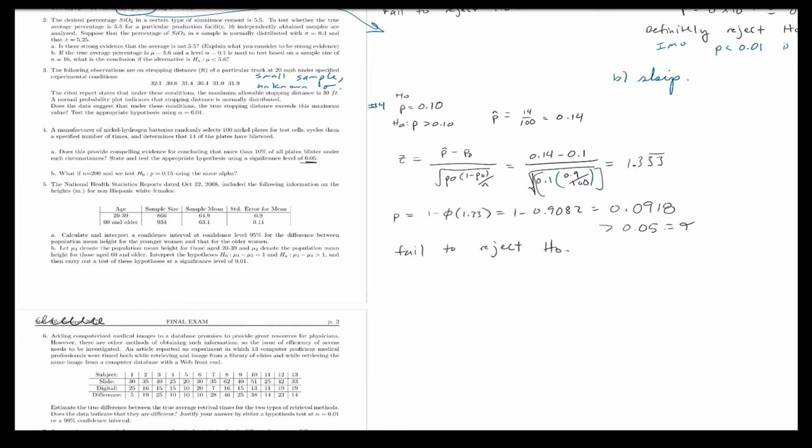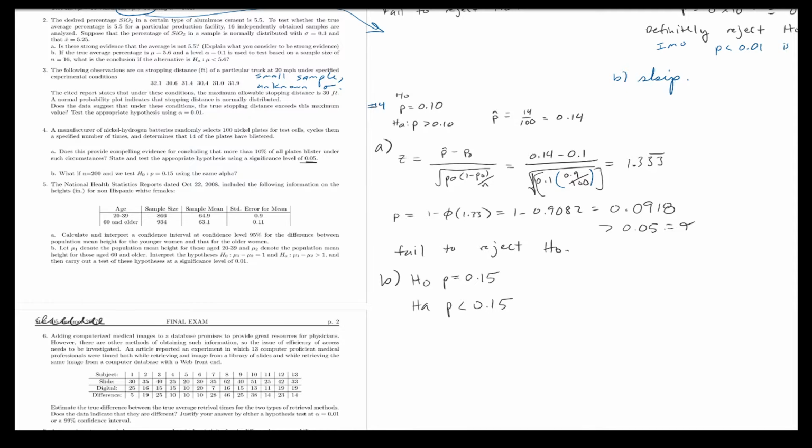So that was part A, basically. And part B says, well, what if our null is now that p equals 0.15, and the alternative is that p is less than 0.15. That one's actually not super clear.